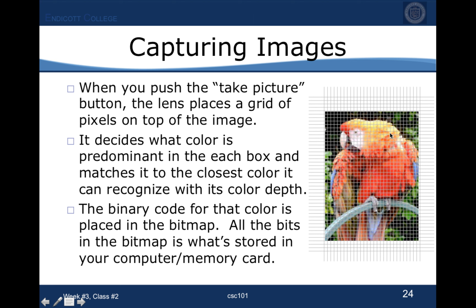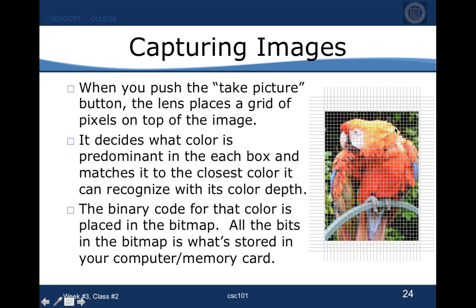Now let's look at some cases that are going to be troublesome, right? For example, maybe this box here, or these boxes. These are part black for the background and part orange or whatever the color the feathers are.